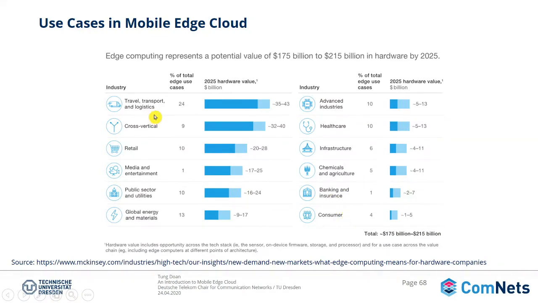In particular, transportation and logistics has around 24% of total use cases, with the hardware value around 35 to 43 billion. And the retail use case has around 10% of use cases, with the hardware around 20 to 28 billion.